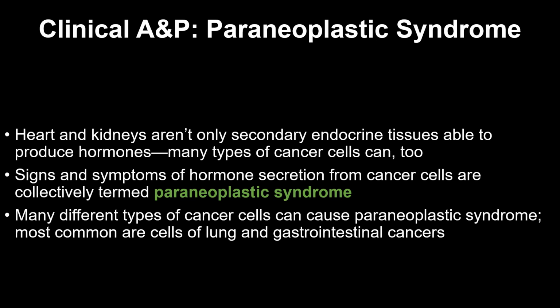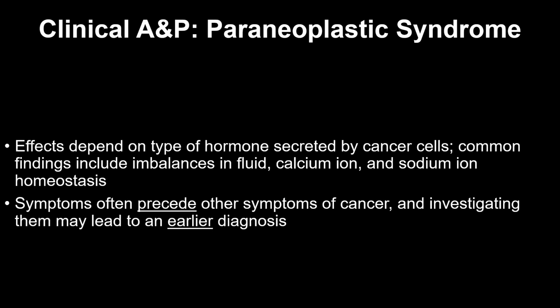But the most common are essentially lung and GI cancers, gastrointestinal cancers. And the effects really depend on the type of hormone secreted by the cancer cells. Commonly, you're going to find fluid imbalances, calcium imbalances, sodium imbalances, and the symptoms can often precede the symptoms of the cancer, and leading a general physician to investigate them earlier may lead to an earlier diagnosis.